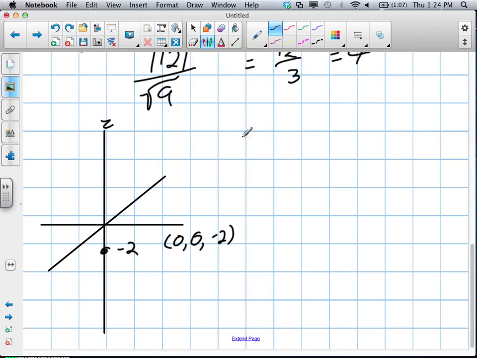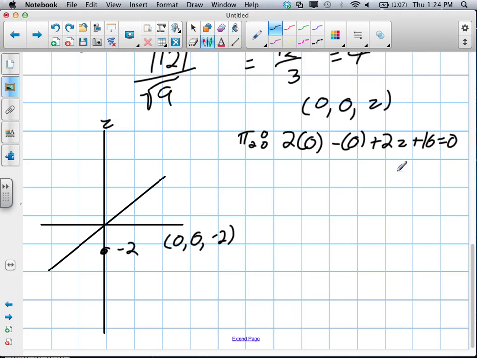So for plane 2, we're going to plug in 0, 0, and solve for when it crosses the z-axis, which is going to give us 2 times 0 minus 0 plus 2z plus 16 equals 0. That becomes 2z equals -16. Z is negative 8. So it's even below. It crosses at negative 8.